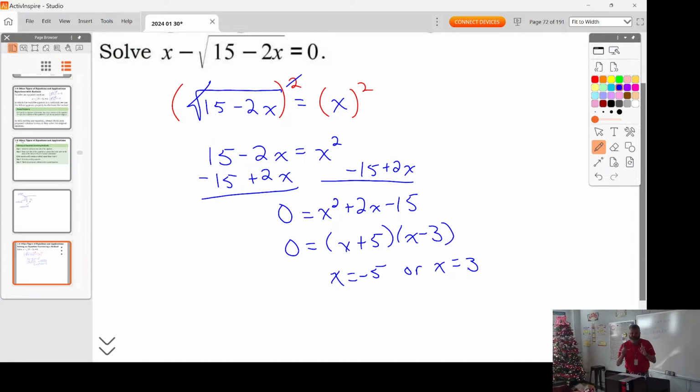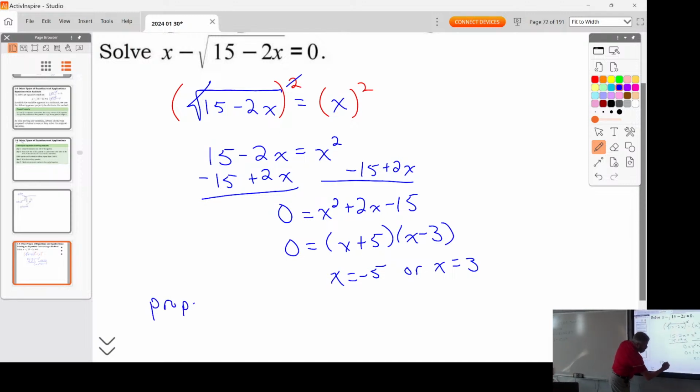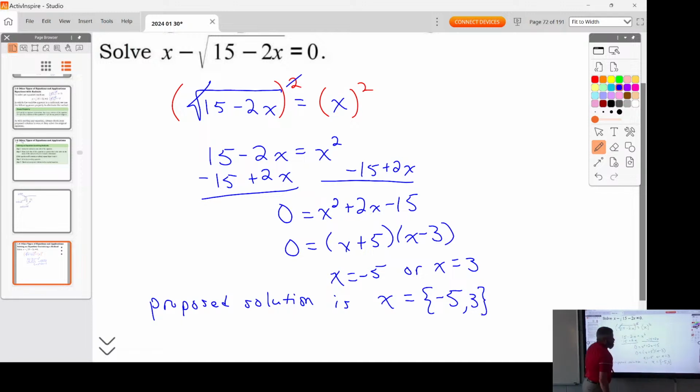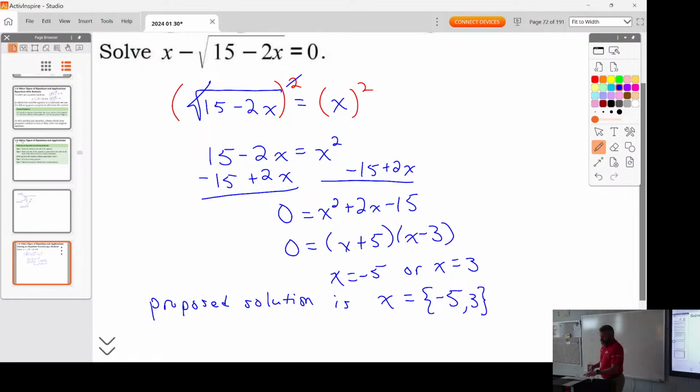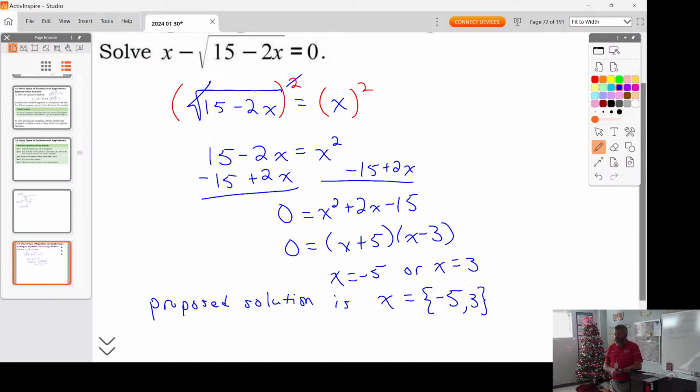So my proposed solution is x equals the set of numbers containing negative 5 and 3. What's my next step? Plug them into the original problem to see if this is in fact true. Okay?